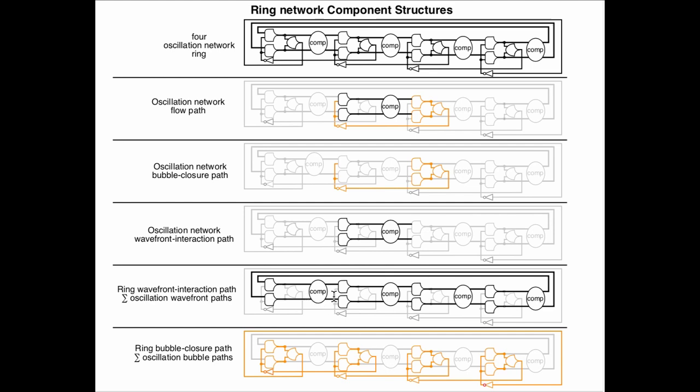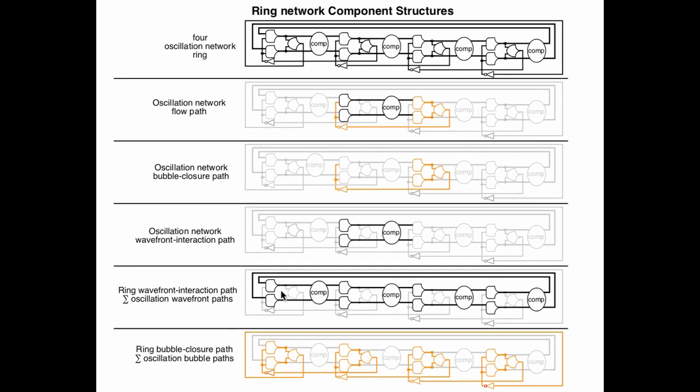Now, wavefronts flow through the wavefront interaction flow path to the right. Bubbles flow through the bubble closure flow path to the left. You'll notice that as the wavefronts flow through the wavefront interaction network, they do not flow through the bubble closure behaviors.